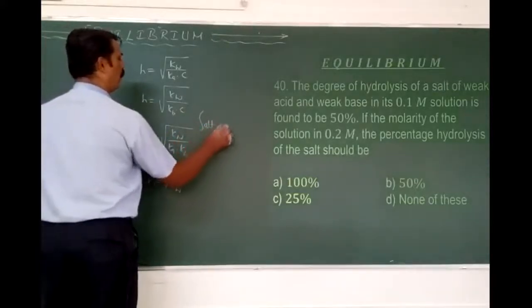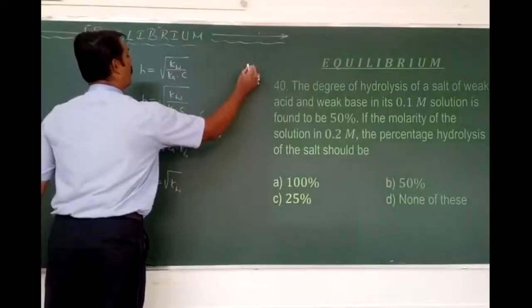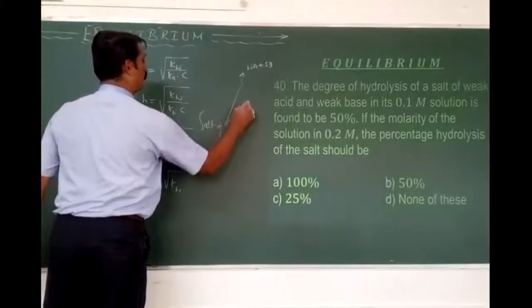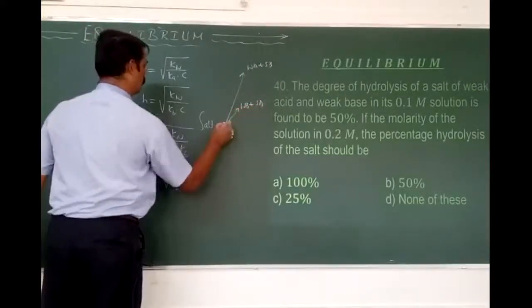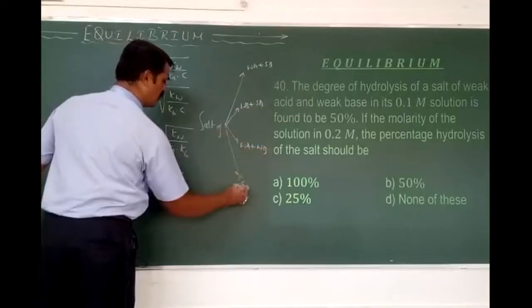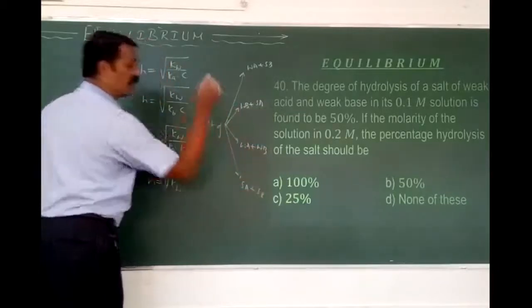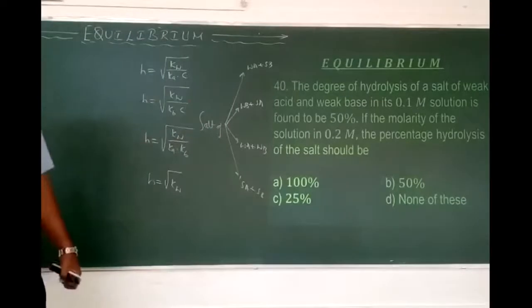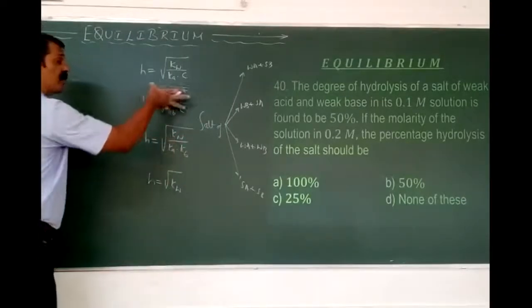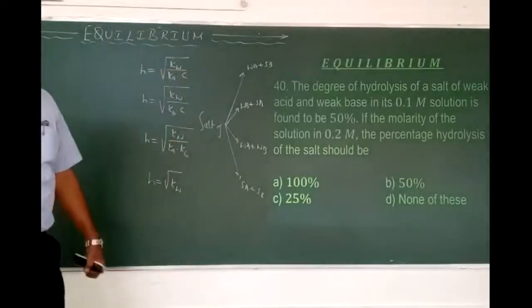Salt of weak acid and strong base, weak base and strong acid, weak acid and weak base, strong acid and strong base. Here, these two are independent of the concentration and these two are dependent on the concentration.